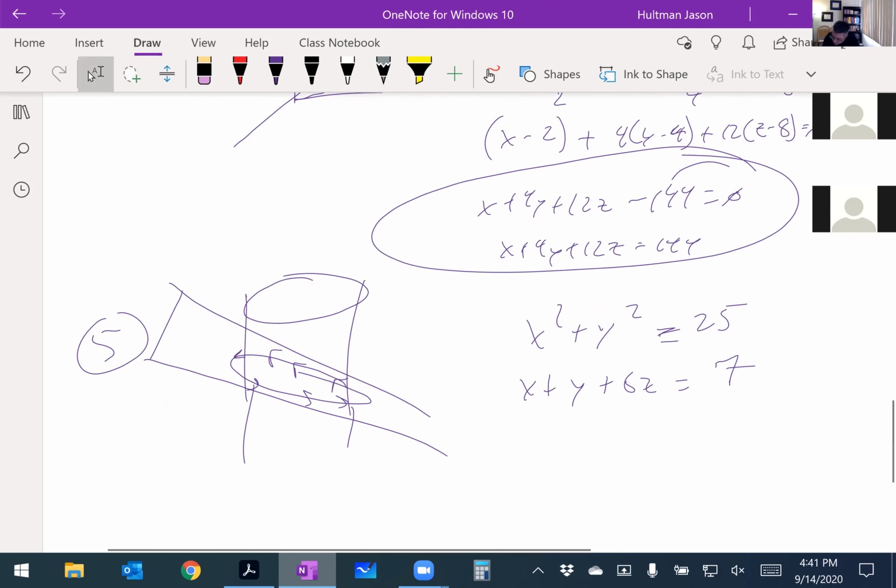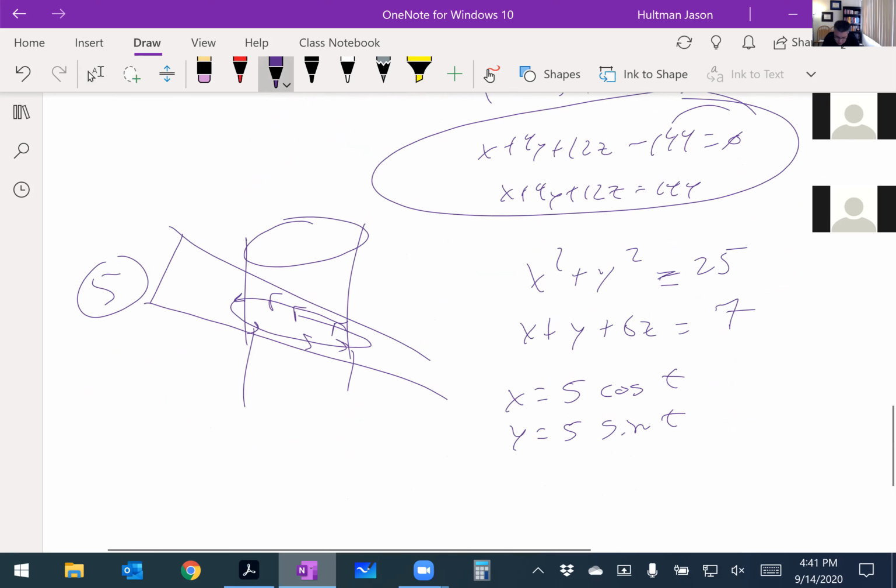Okay, so what I'm going to do is parameterize x and y. I'm going to say that x is equal to 5 cosine t and y is equal to 5 sine t. I'm going to solve the plane equation for z, z in terms of x and y, because that's going to be my f of x, y.